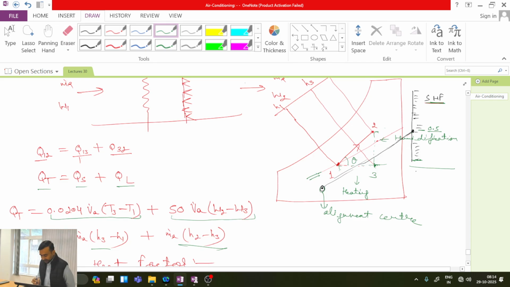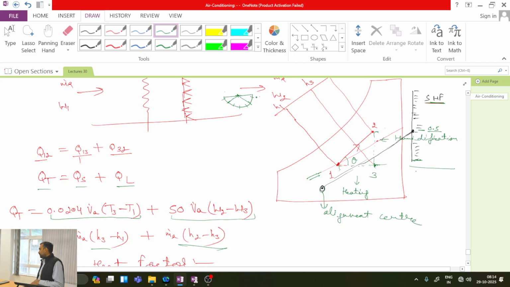But what they have, somewhere over here, with reference to this point, is a protractor-like scale like this. Okay. So in this scale, they have again marked the values of sensible heat factor. So in this case, what we need to do is draw the line over here, simply parallel to this.